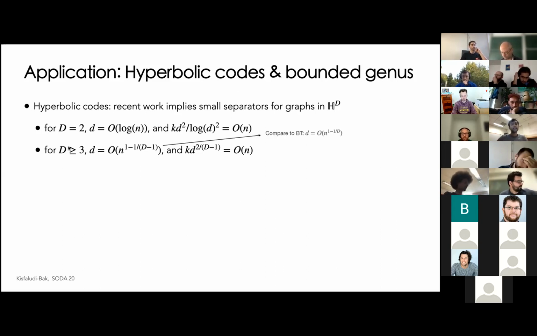What's interesting is that once you consider d greater than or equal to 3, these bounds imply that the distance of a d-dimensional hyperbolic code has to scale as n to the 1 minus 1 over d minus 1.